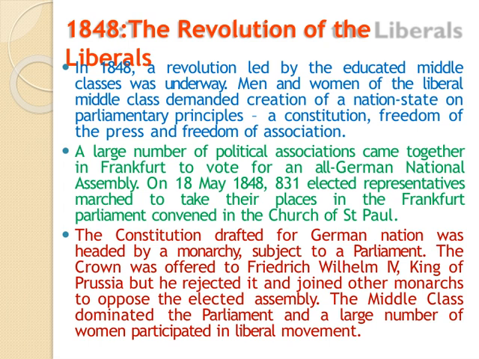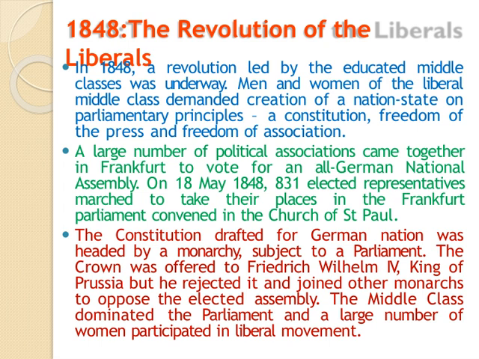The goal was to draft a constitution for a unified Germany, and this constitution proposed a monarchy that was accountable to a parliament. They even offered the crown to Friedrich Wilhelm IV of Prussia, but he famously rejected it, aligning himself with other monarchs who opposed the elected assembly.